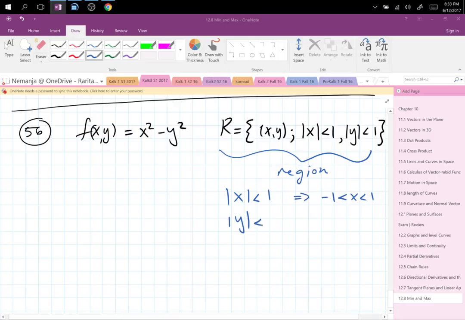So what is my cookie cutter? Oh, so that's just a square. That's just a square that cuts through y equals 1, y equals -1, x equals -1, x equals +1. Boom. That's how you mathematically get the square down.